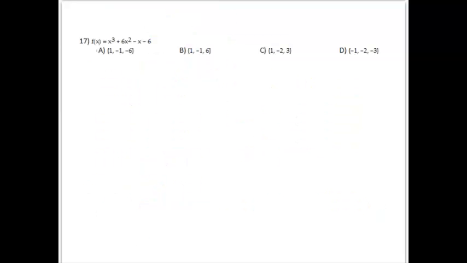Alright, we want to do the same thing on 17 that we did on 16. So we want to find the rational zeros. So factors of 6 over the factors of 1. So 1, 2, 3, 6 over 1. It's going to be plus or minus 1, plus or minus 2, plus or minus 3, plus or minus 6.